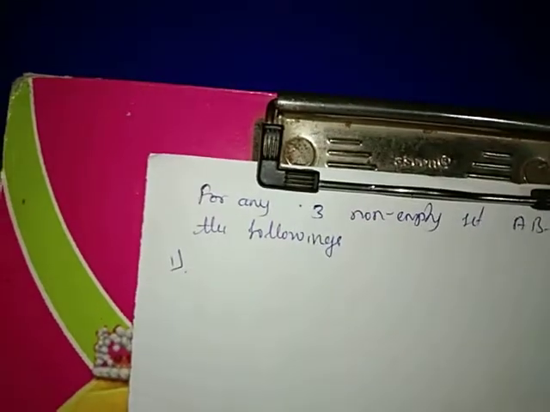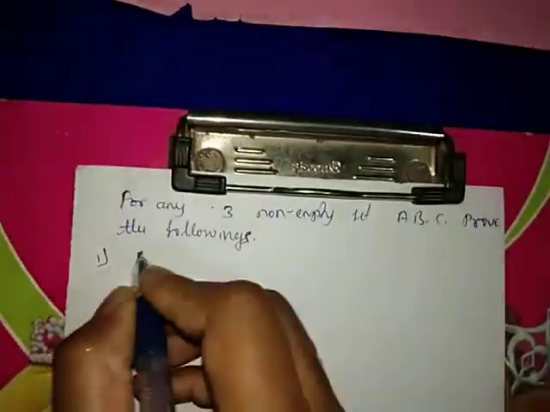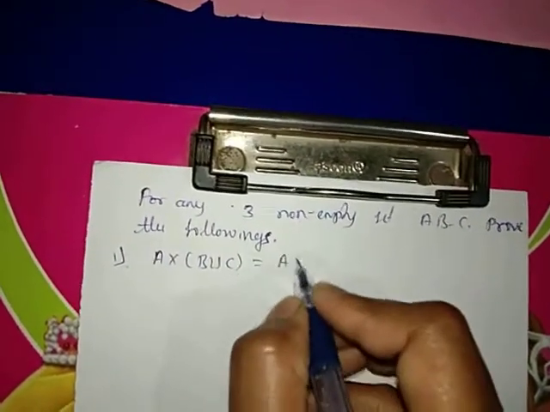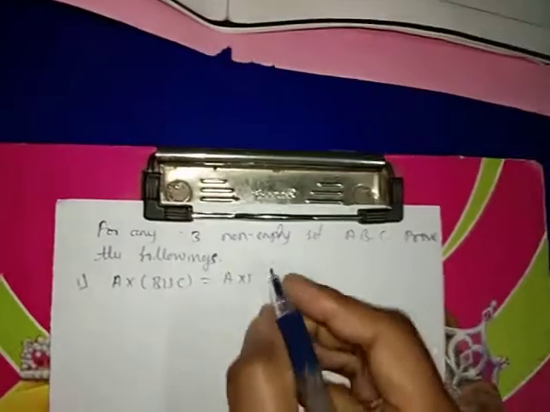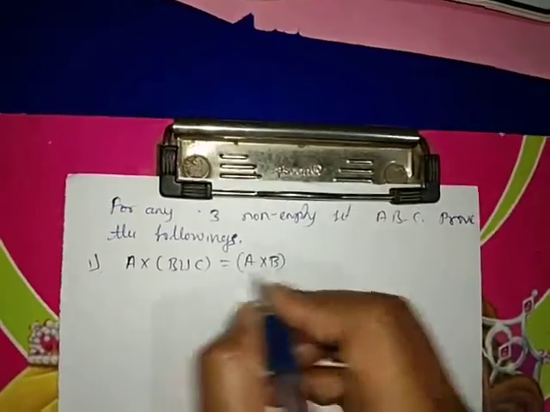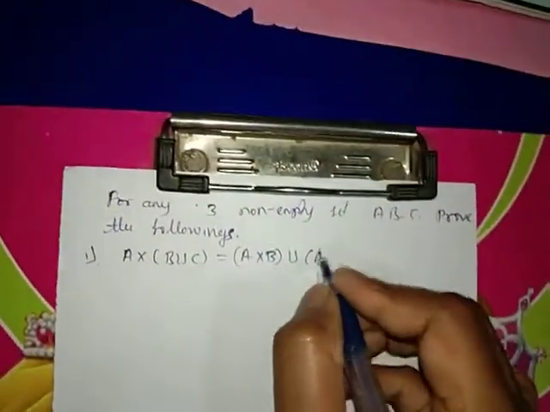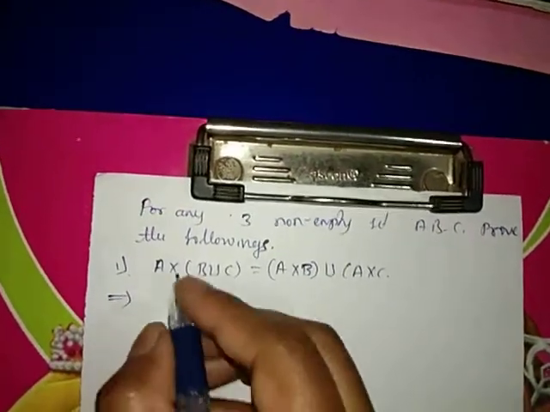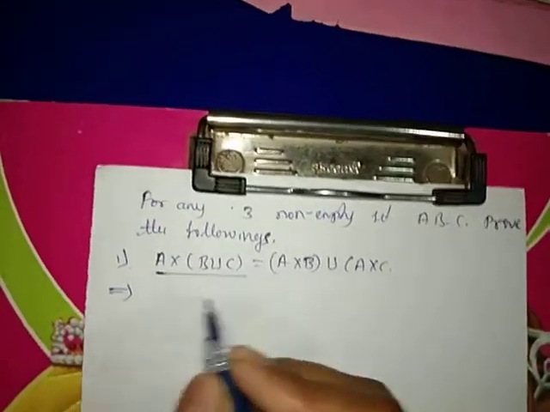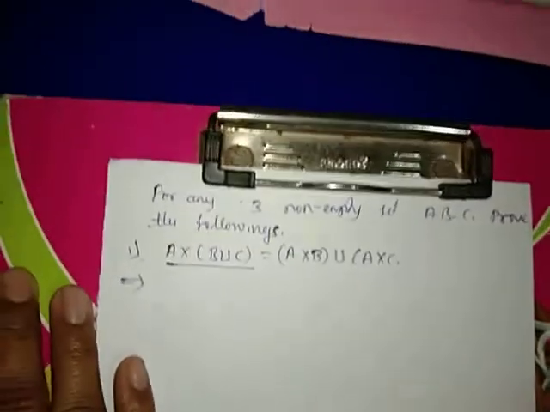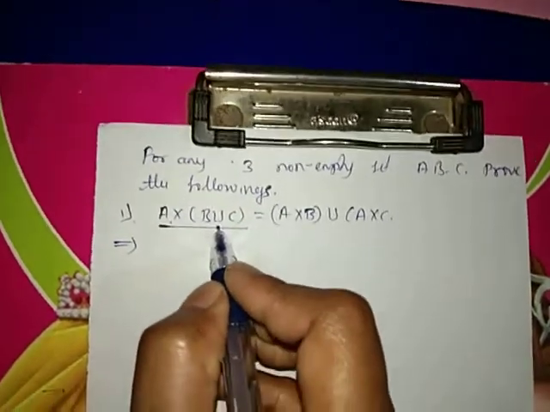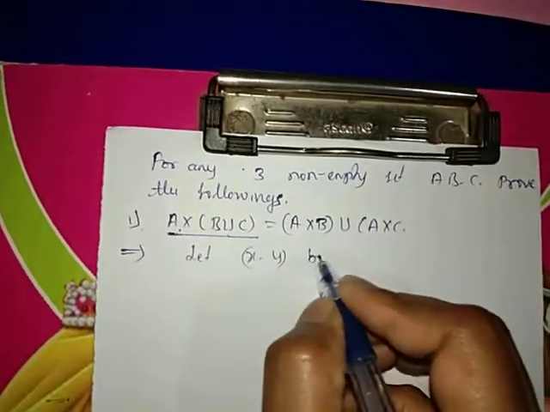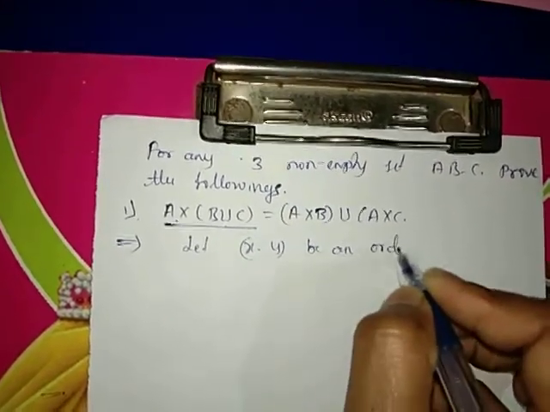The first one is A cross (B union C) is equal to (A cross B) union (A cross C). To prove this, first consider the LHS. According to the LHS, A cross (B union C), let (x, y) be an ordered pair.